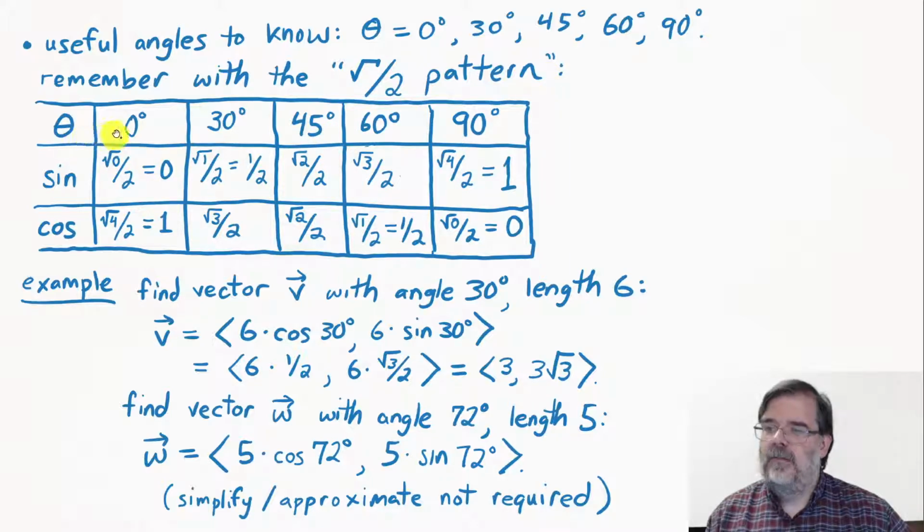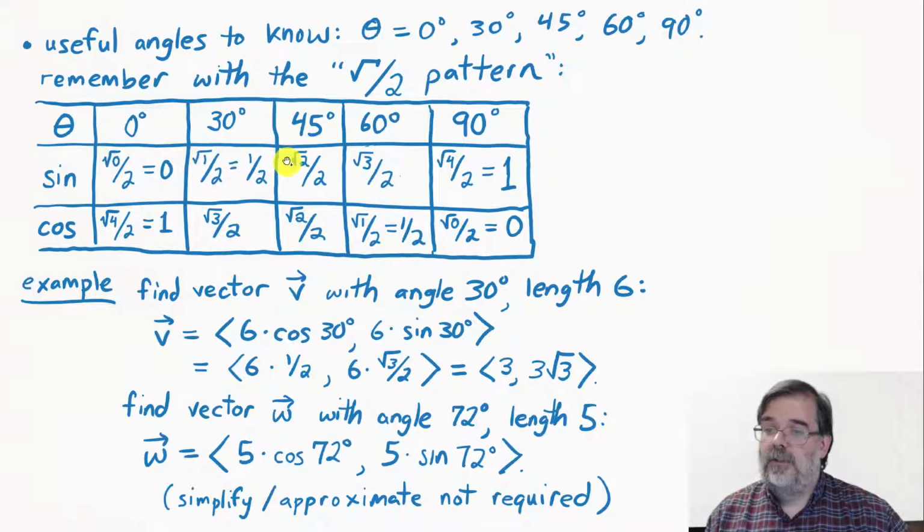So here, I'm listing these 5 special angles, and then in the rows, I'm listing the values of sine and cosine. You'll notice that each entry has the form square root of a number divided by 2. Square root of a number divided by 2.